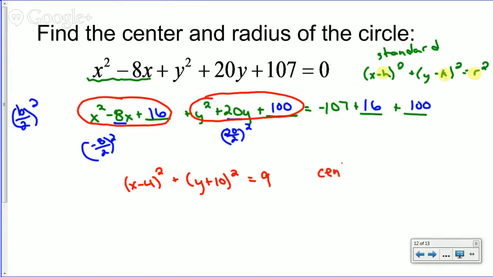So the center is 4, -10, and the radius is 3. It's the square root of that 9 right there. So that's a circle.